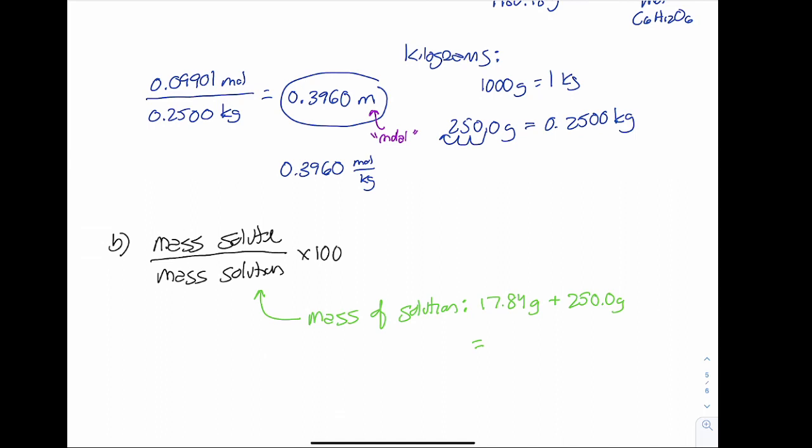So I need to add those two together, and that's the number that's going to go on the bottom. So be really careful. Molality was per solvent. All of my others are going to be per solution. So I'm adding, and I got 267.8 grams of solution.